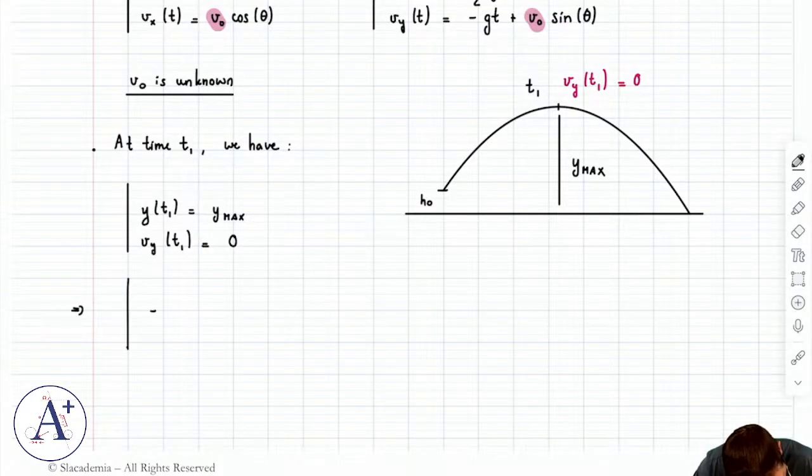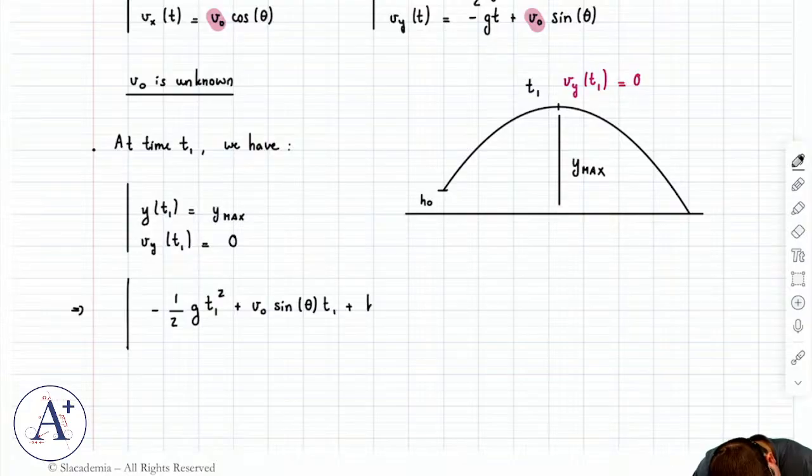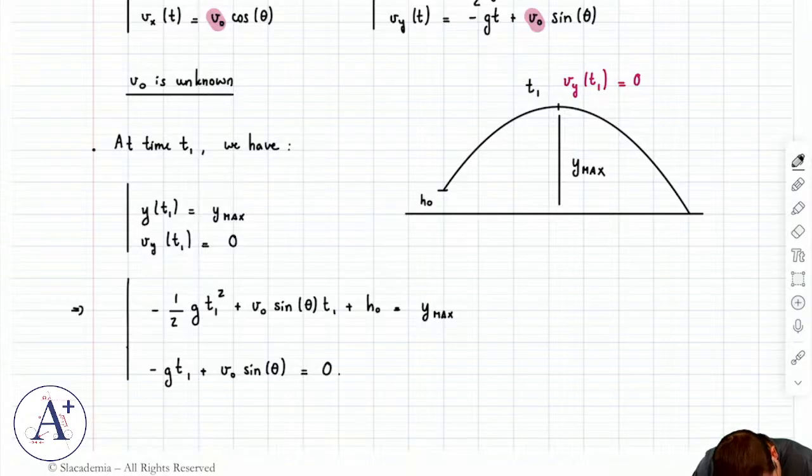So we're going to have minus 1/2 g t1 squared plus V0 sine theta t1 plus h0 is equal to y max. And then down here, we're going to have minus g t1 plus V0 sine theta is equal to 0.